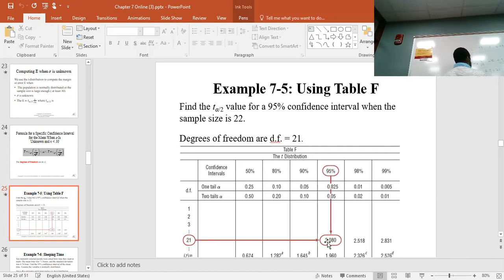What is t alpha over 2? 2.08. And we all see it. You need your table, which is in your book. You can Google for a t distribution table, but the problem is that they are of many types. So we will focus on this one, which is here.